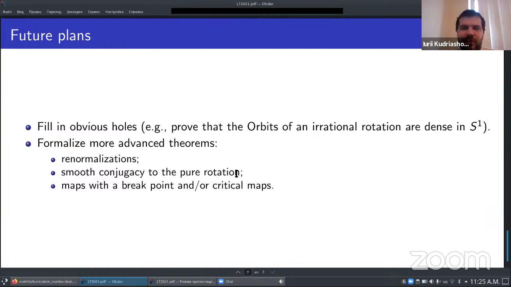And it would be nice to have Herman's theorem, but maybe it's too much. For now, Herman's theorem says that if you have a good rotation number and your map is smooth, then it is smoothly conjugate to the corresponding rotation.